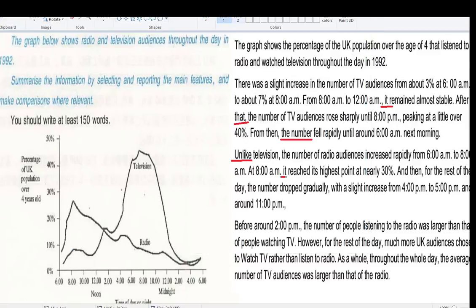Let's look at the vocabulary. Okay, this "number of TV audiences," this is a problem. "It remained almost stable." I don't know how something can be almost stable. Either it's stable or it's not. Now, "peaking at a little over 40%."